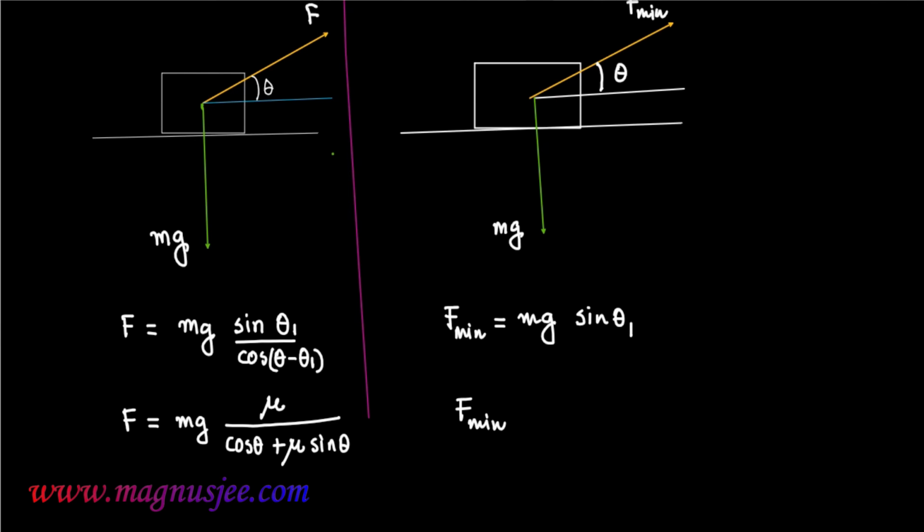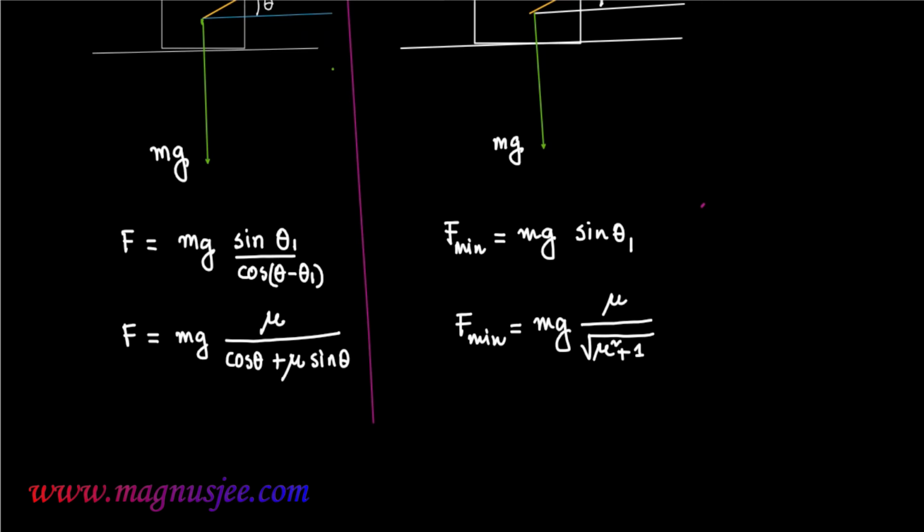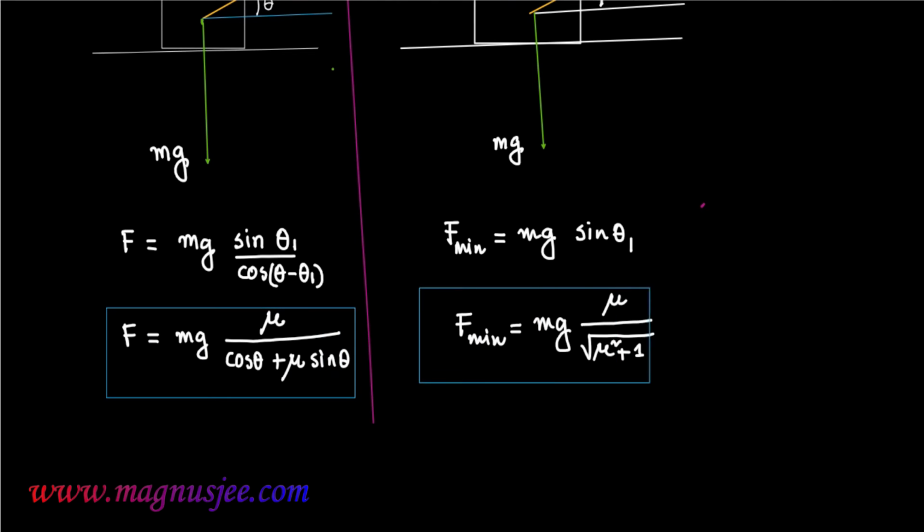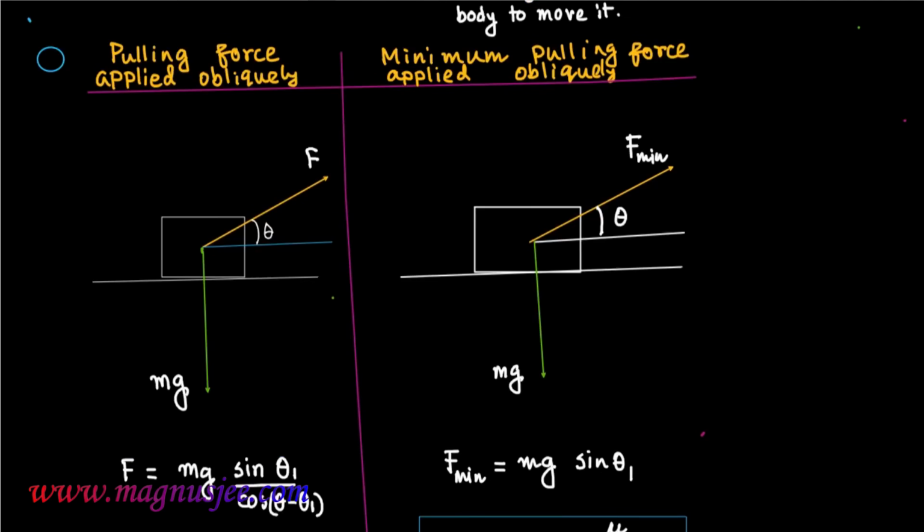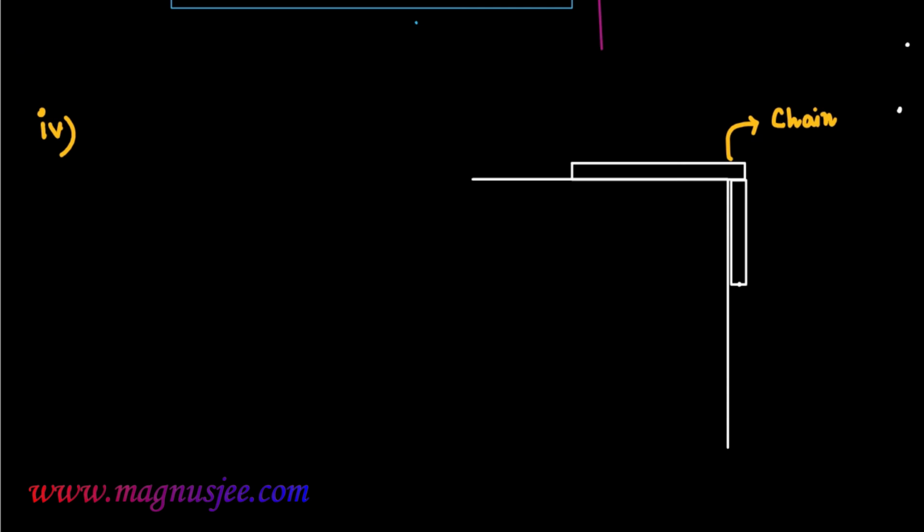But another expression of minimum pulling force is mg mu divided by root over mu square plus 1. This is the expression of pulling force, and on the right hand side this is the expression of minimum pulling force, and it is obtained when theta is equal to theta L.